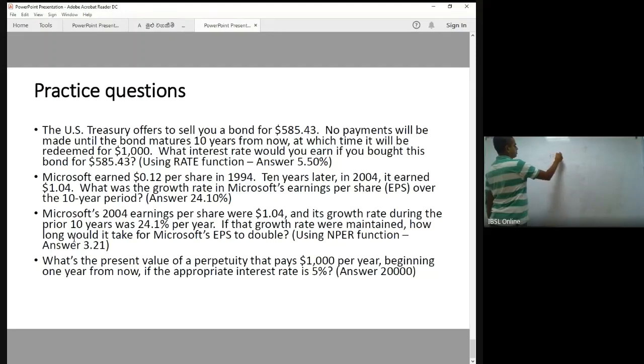Payment is $1,000 beginning 1 year from now, and the interest rate is 5%.